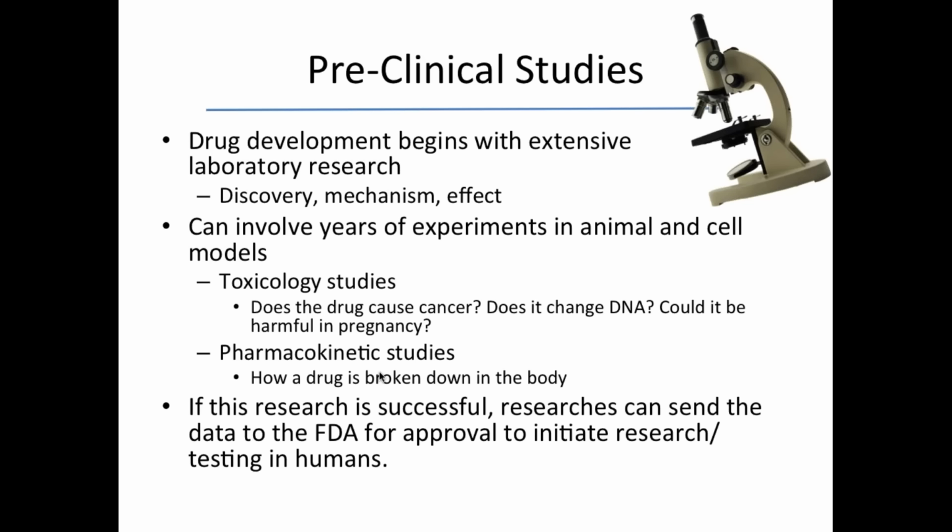If and only if all of these aspects of the preclinical studies are successful and show appropriate results, can researchers send the data to the FDA for consideration for approval to initiate research and testing in humans. So you can see how important it is that all these things happen and happen properly beforehand, and why so few compounds actually ever make it to the FDA for even initial testing.